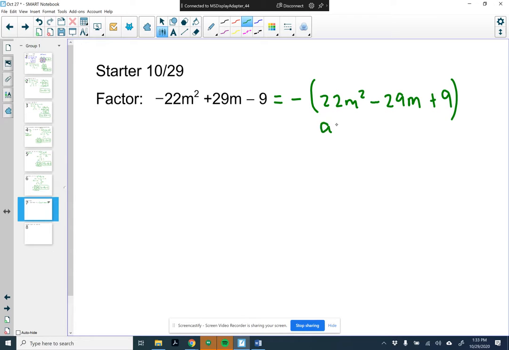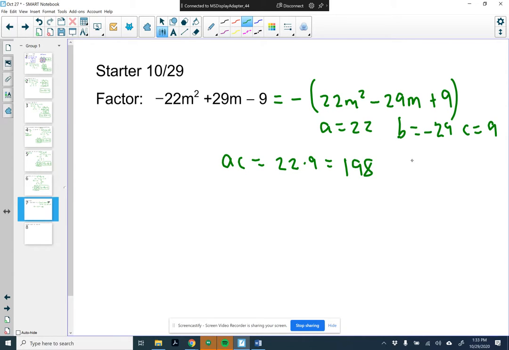All right, so now we have A equals 22, B equals -29, and C equals 9. We're going to calculate A times C. 22 times 9, which is, I'm going to grab a calculator and do that, 198.